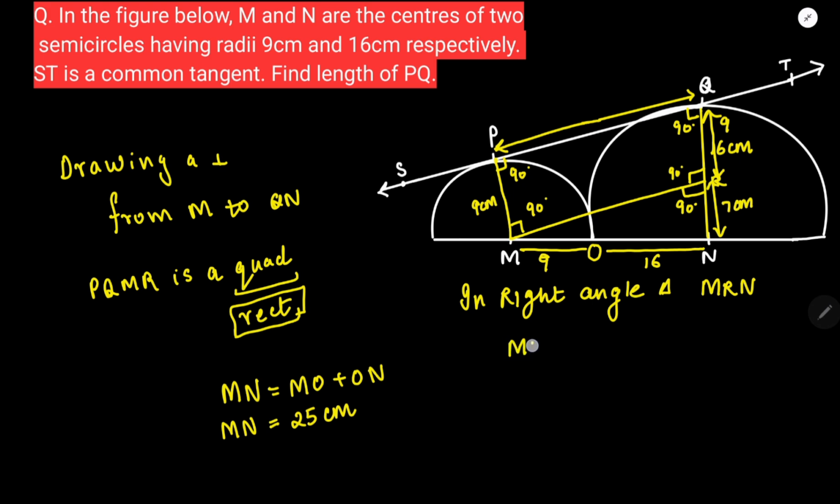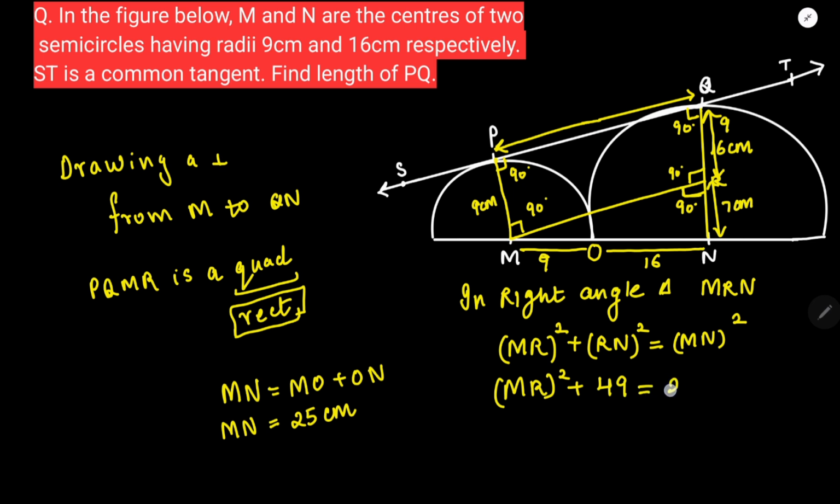So MR square plus RN square is equal to MN square. This MN is the hypotenuse here, and you can see this is 90 degree. MR square we don't know, RN square is 7 square, that means 49. And MN square is 25 whole square.